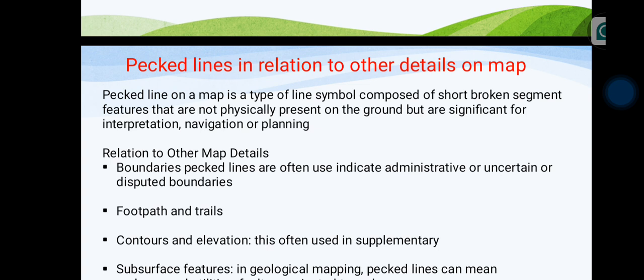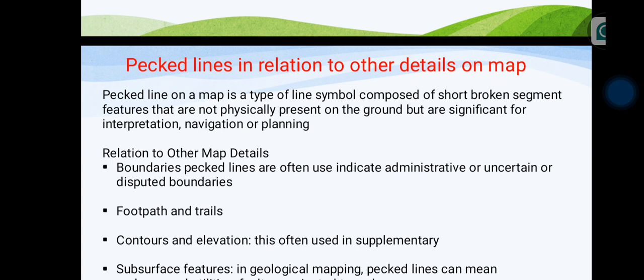So a good example of how it is related to other map details is boundaries. Boundaries are in peck lines. They are often used to indicate administrative or uncertain or disputed boundaries. Peck line, note, is used on the map to show administrative jurisdiction like boundaries.